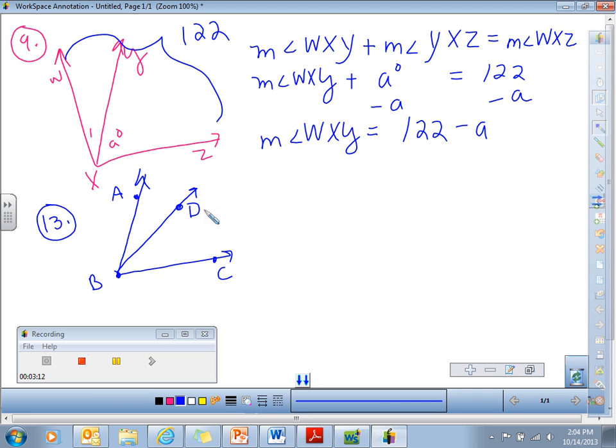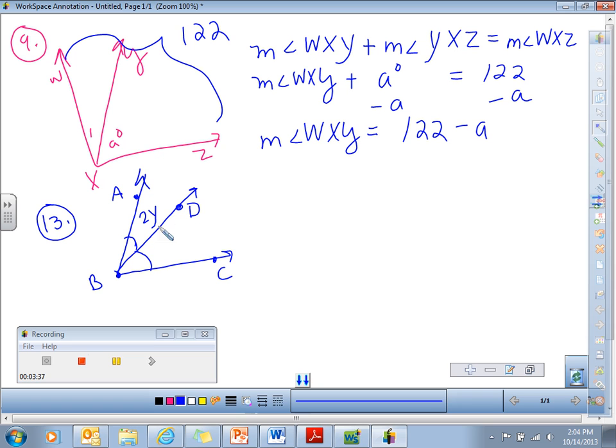Let's see, Sterling. What does bisect mean? It cuts in half, right? So the two angles on either side, this angle and this angle are congruent. And this is the angle bisector. Okay? And it says ABD is 2y.